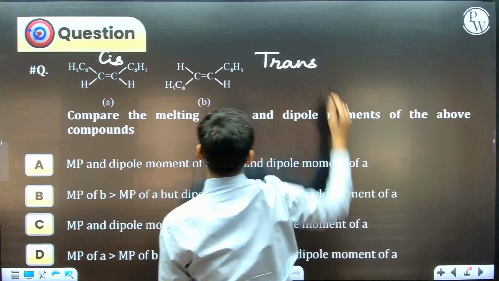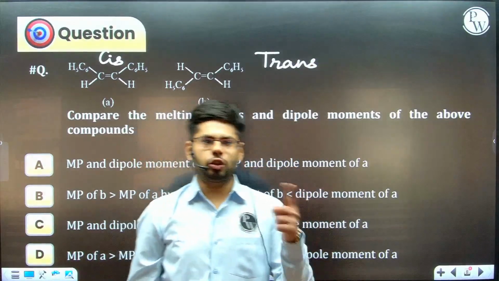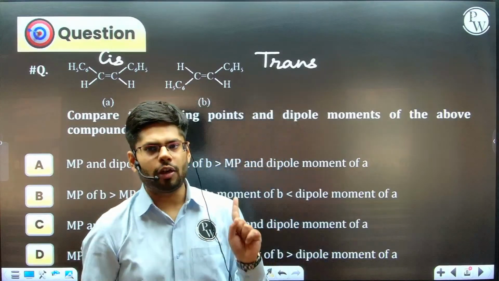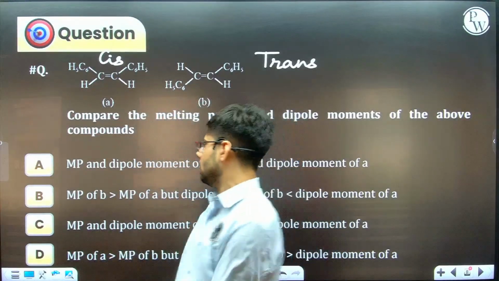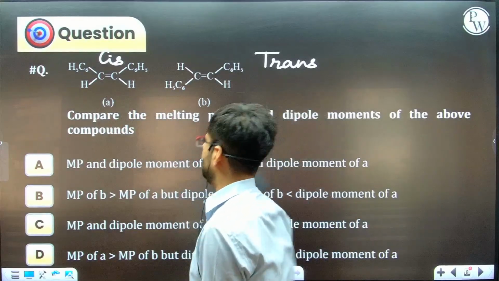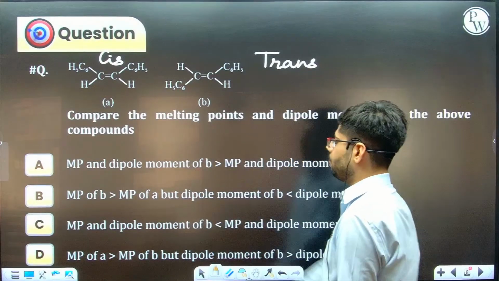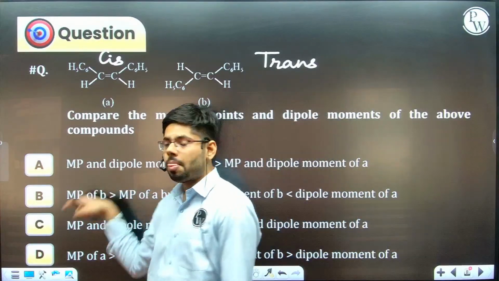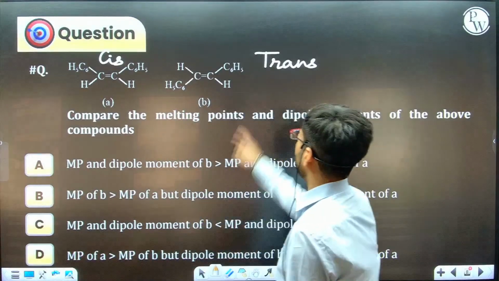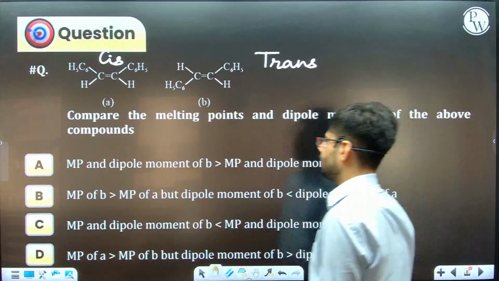Now, the melting point of trans is higher than the melting point of cis because trans is more symmetrical. So that is the first thing. The melting point of B will be higher than the melting point of A. Okay. MP is melting point. If you look at the options, you will see MP. So the melting point of B is higher than the melting point of A.